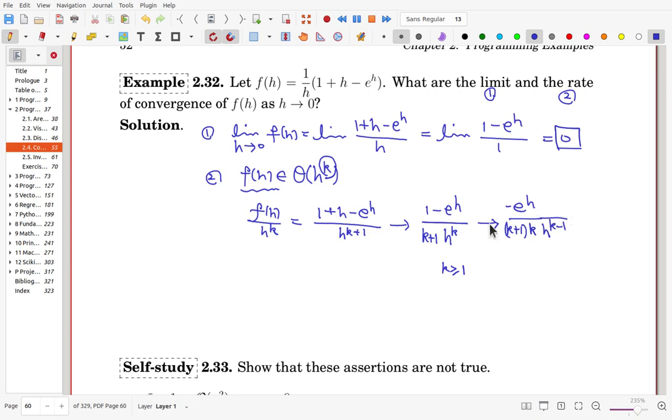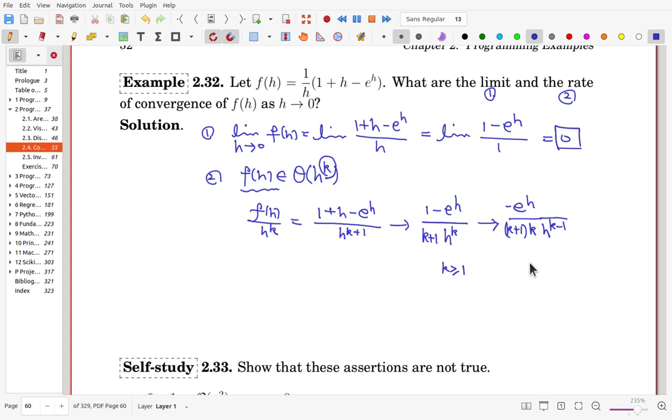Now the top is approaching -1, so it cannot approach 0, so it must be a positive number and non-zero. In order to do that, if k is for example 2, then h to the 1 is approaching 0, so the value will blow up. So k cannot be 2.